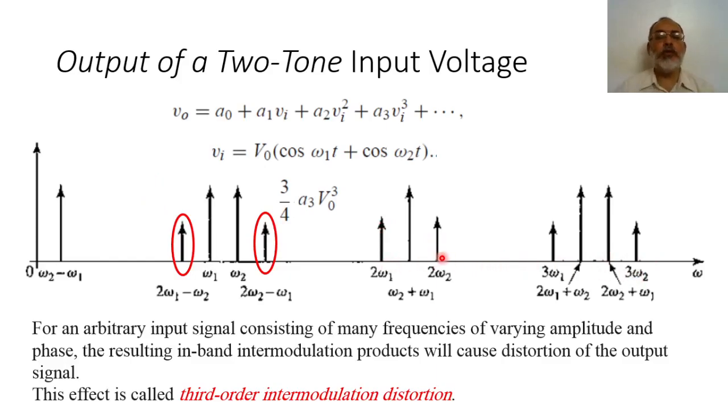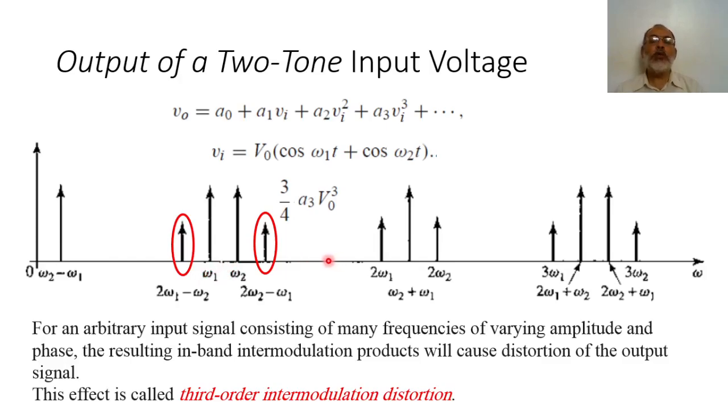The main problem comes from the third order intermodulation, which is represented as 2 omega 1 minus omega 2 and 2 omega 2 minus omega 1. Effectively, these two components, as I said, have frequencies which are quite close to the original frequencies.